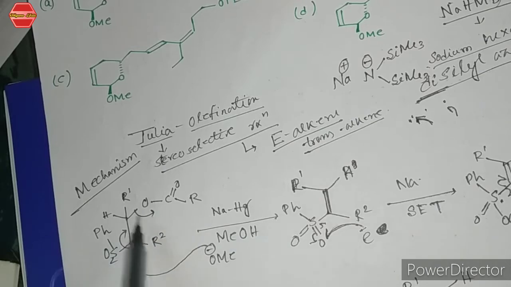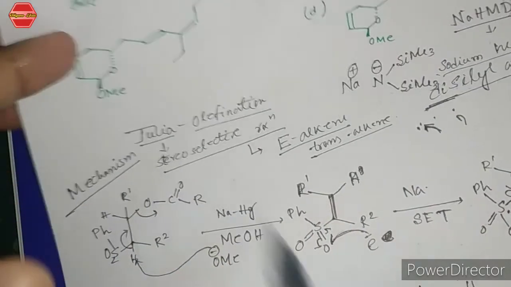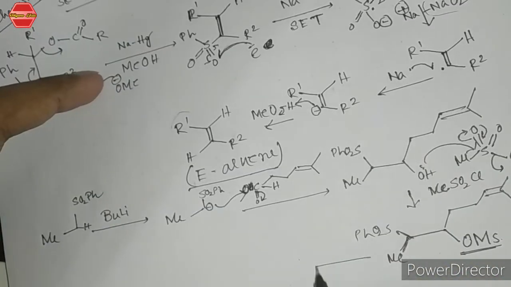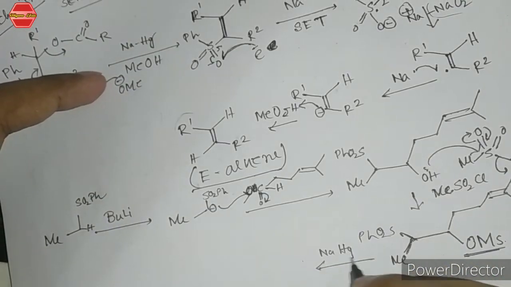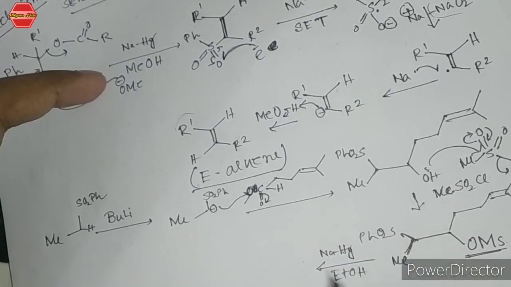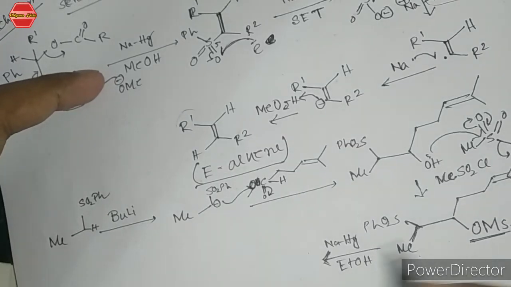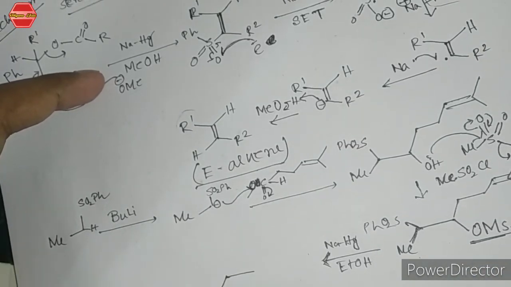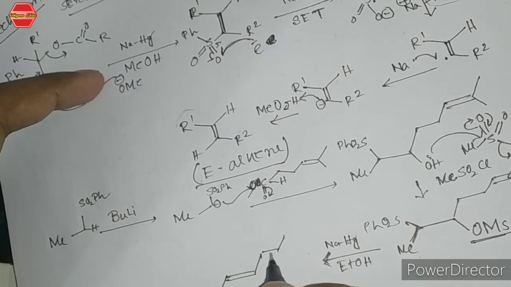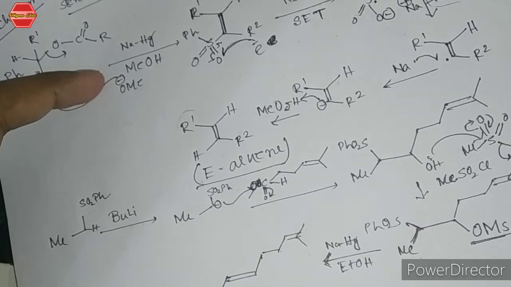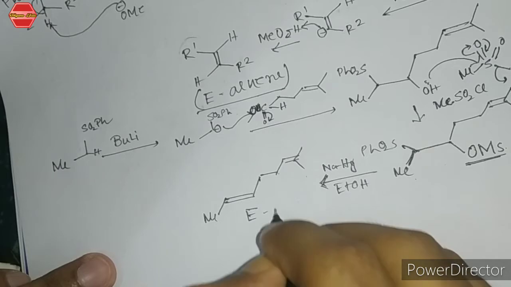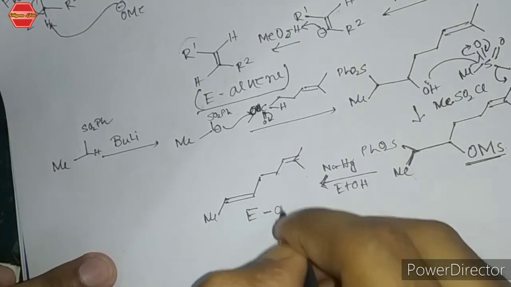Here you can also see that this is also a leaving group, and these two are trans to each other, and this in the presence of sodium amalgam and ethanol, which is the solvent and a proton source for this reaction, there is a formation of this type of product. Okay, so here is the final product, and these two are trans, this is the E alkene.